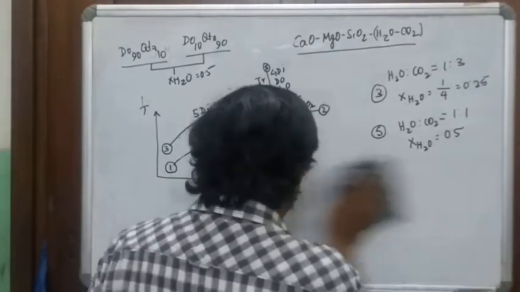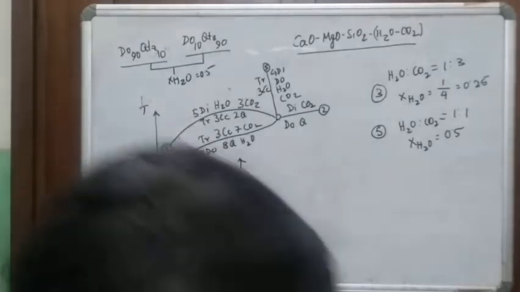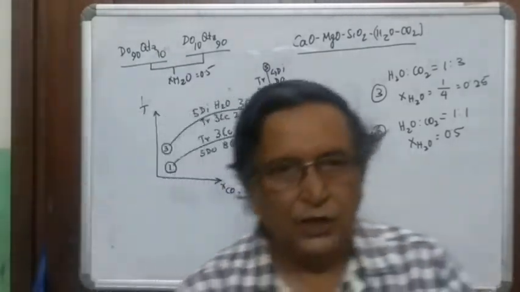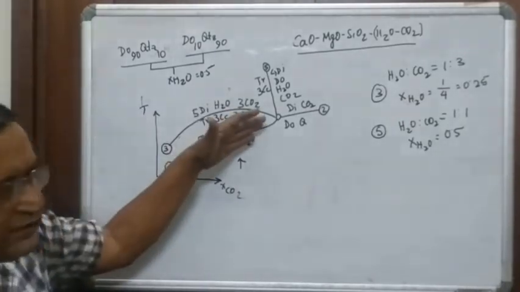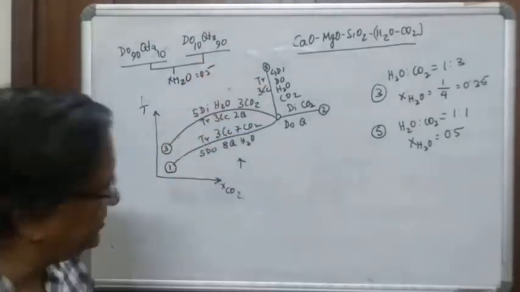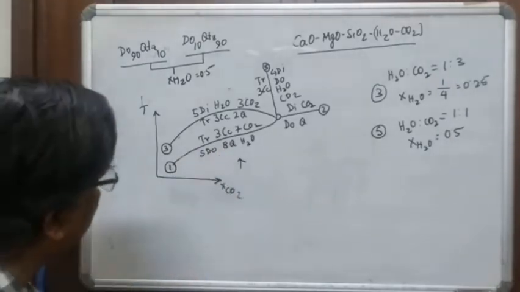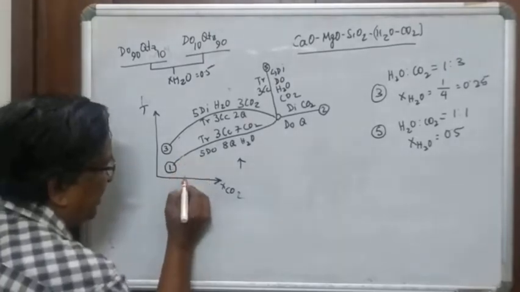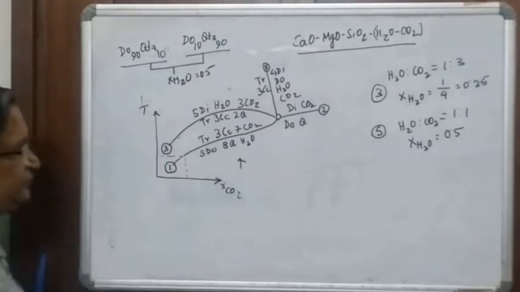Now we go back to this diagram. I will use the black pen a little bit. Now let's say we go up temperature from the greenschist dolomite-quartz field across the greenschist facies to the amphibolite facies. Depending on your XCO2 value, if your CO2 value is here, then the temperature is here.